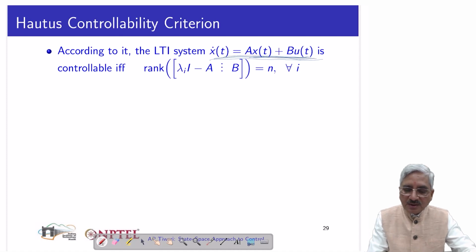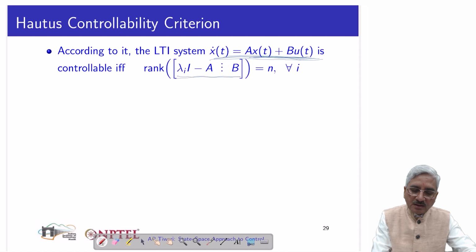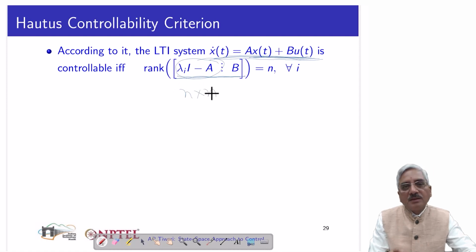So this system is controllable if we assemble this matrix. The first part of this matrix, the first n by n component, is lambda I minus A. We are checking the controllability of the ith eigenvalue.